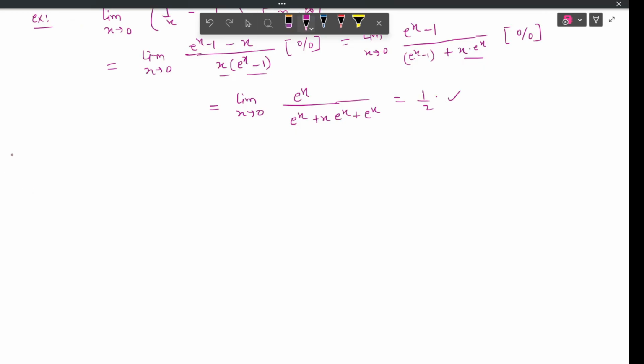Now if we have the other three forms, that is 0 to the power 0, 1 to the power plus minus infinity, and infinity to the power 0.